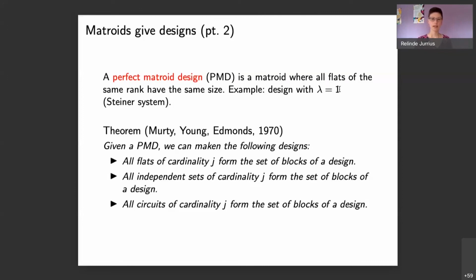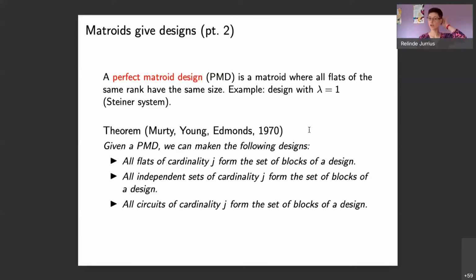And there is a theorem from 1970 that says if we have such a perfect matroid design, then we can make designs out of it by taking all flats of the same cardinality, all independent sets of the same cardinality, or all circuits of the same cardinality. So the interesting thing here is that you start with a matroid and you look at a bunch of sets that really come from a matroid, like all flats of a certain size, all independent sets of a certain size, all circuits of a certain size.